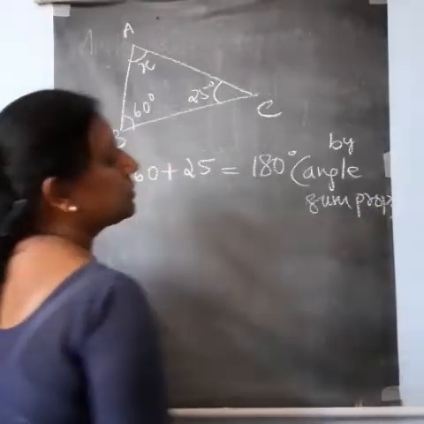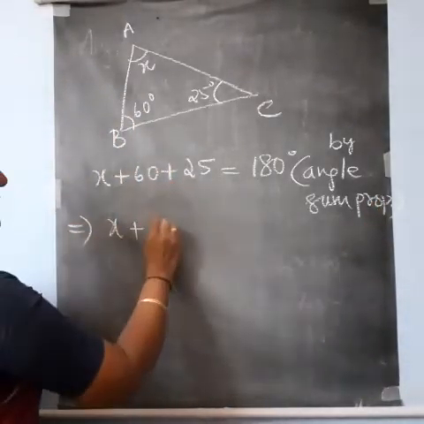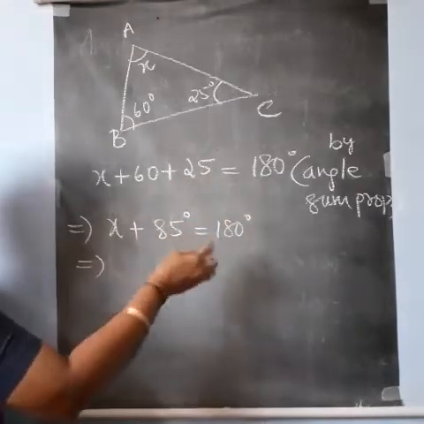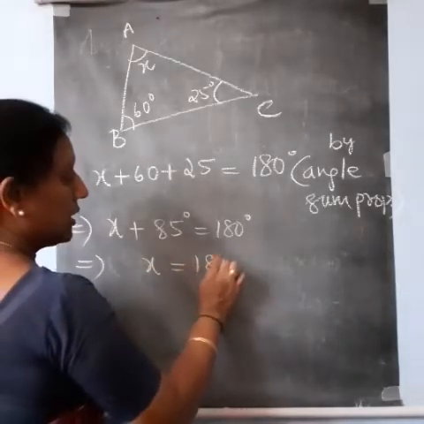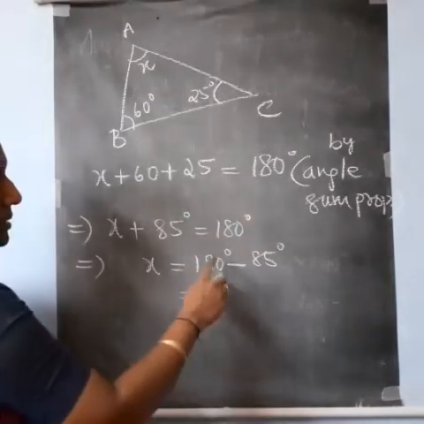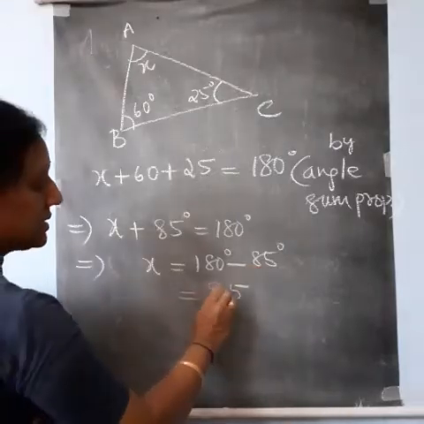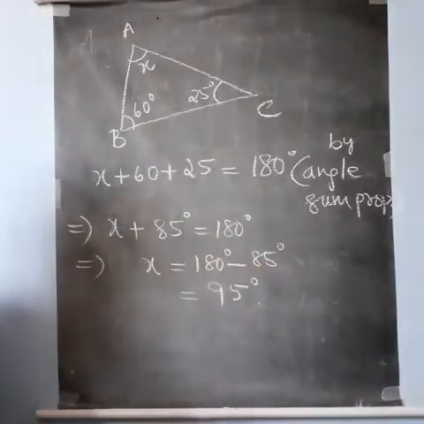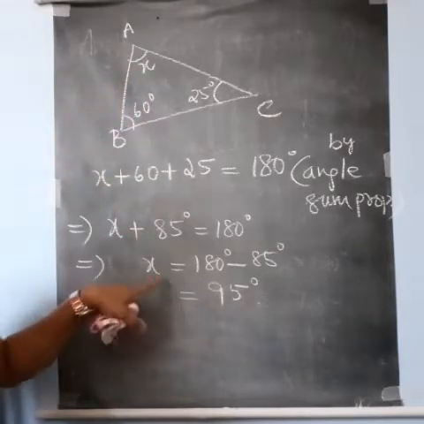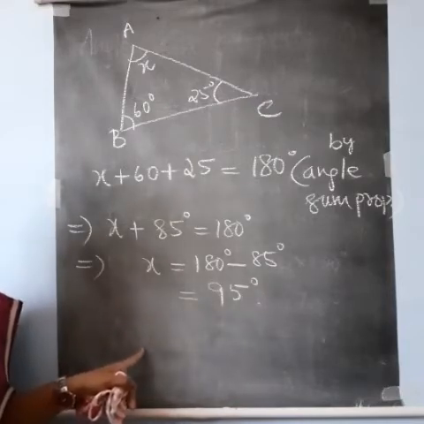Right. So, in that case, x plus 85 is equal to 180 degrees. Now, transpose 85 that side, you get x is equal to 180 degrees minus 85 degrees. So, how much will that be? 95 degrees. So, we get this unknown value by using angle sum property. This you would have done in the lower class, that is class 7.